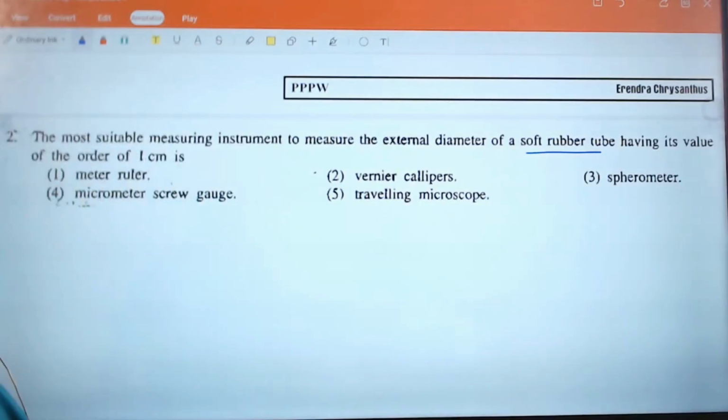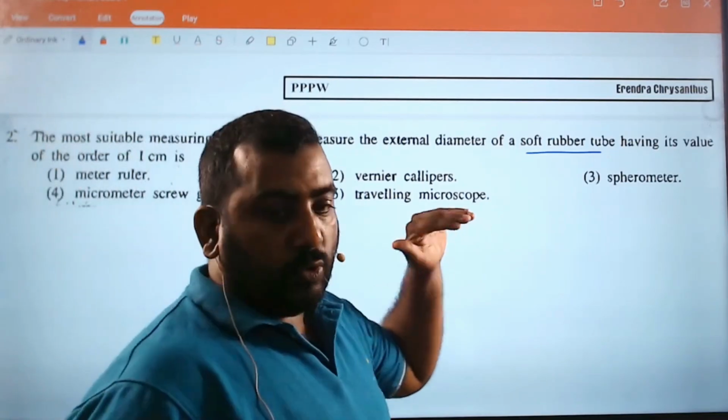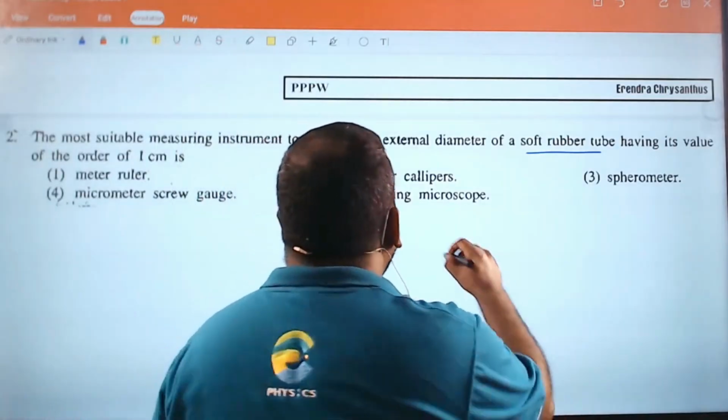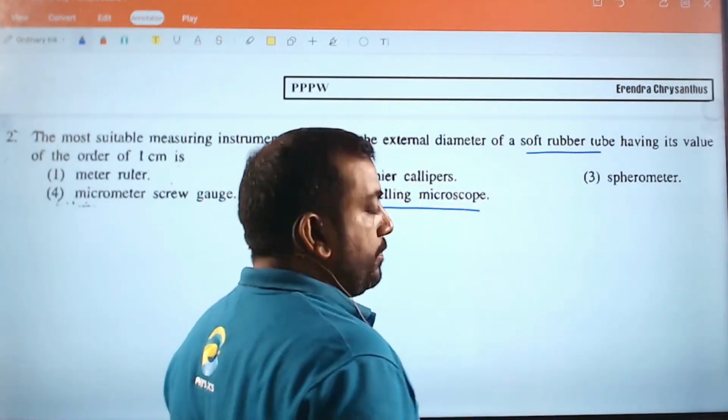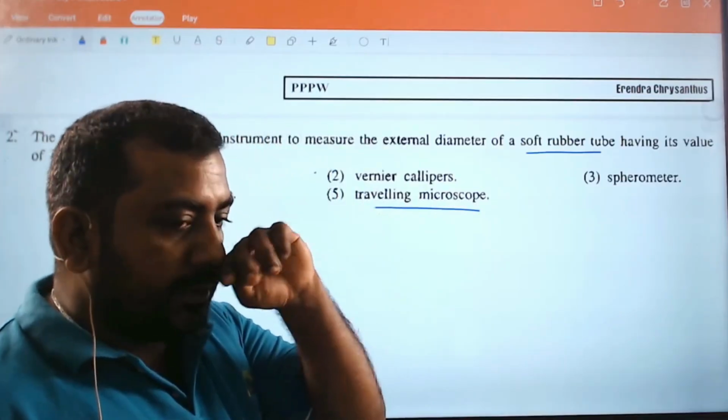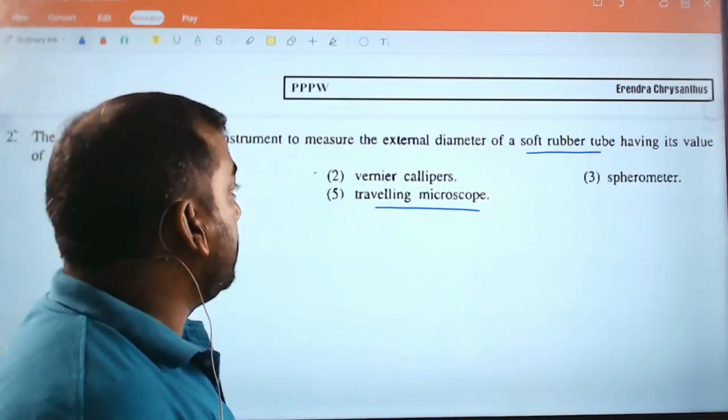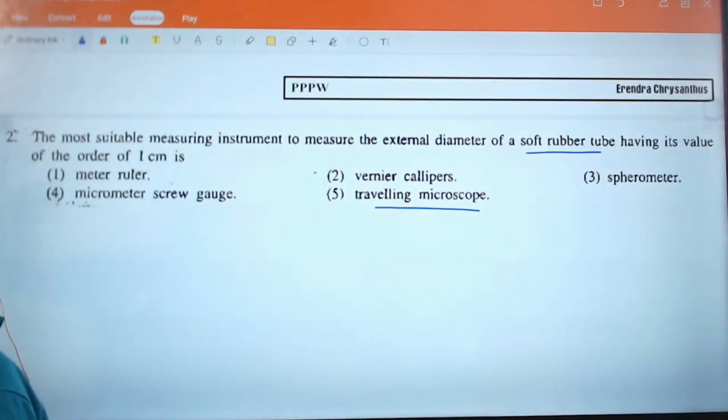Meter ruler, micrometer screw gauge, vernier caliper, spherometer, travelling microscope. The most suitable one will be the travelling microscope, because with all the other instruments you have to apply pressure, except for the spherometer. Right?